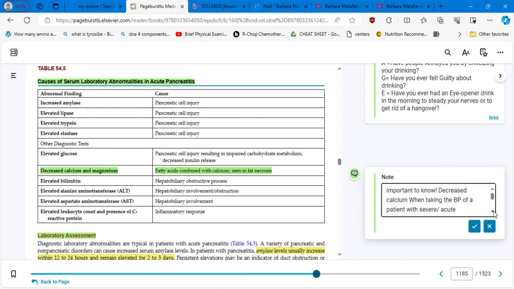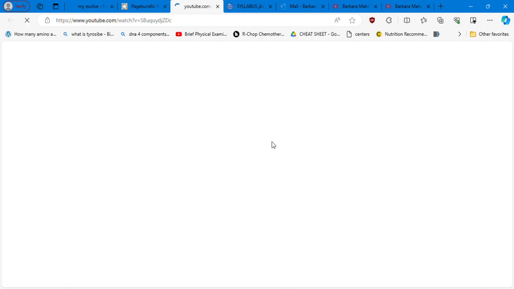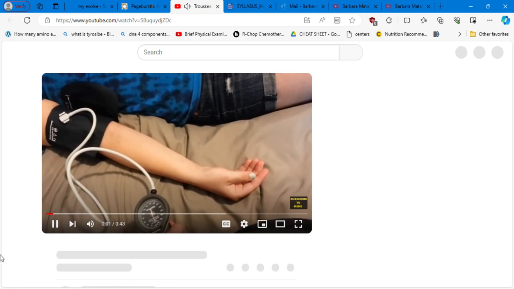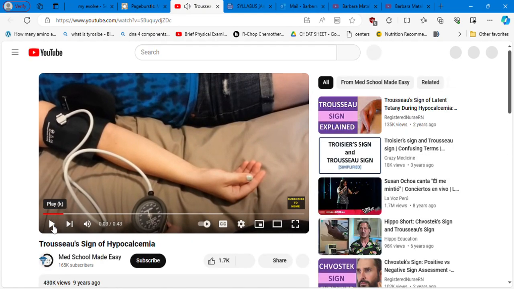If you see this, without reviewing or analyzing your blood work, you can think about hypocalcemia, and probably you are going to be in a good scenario to diagnose acute pancreatitis. It is called the Trousseau sign.